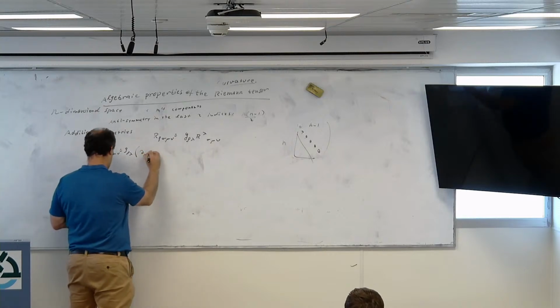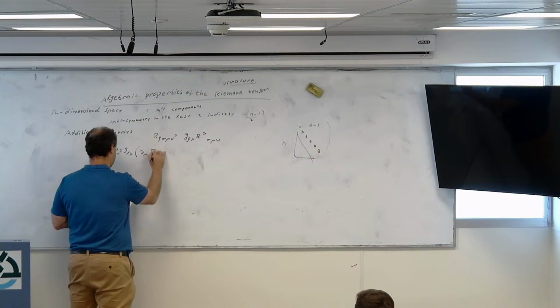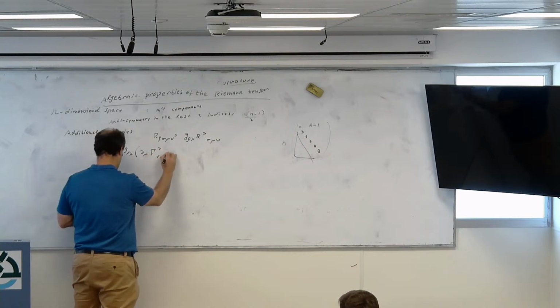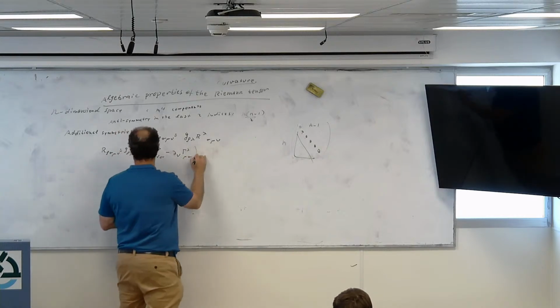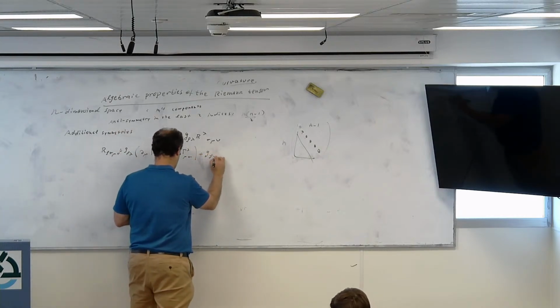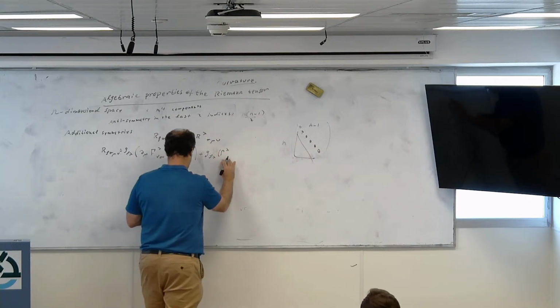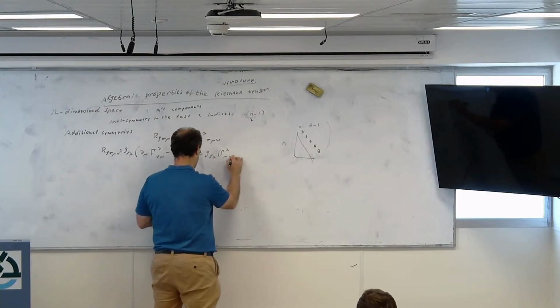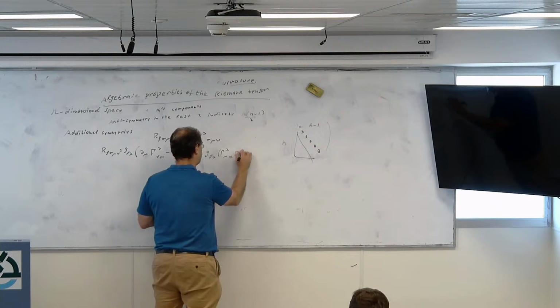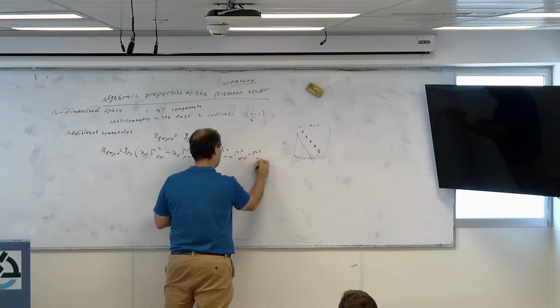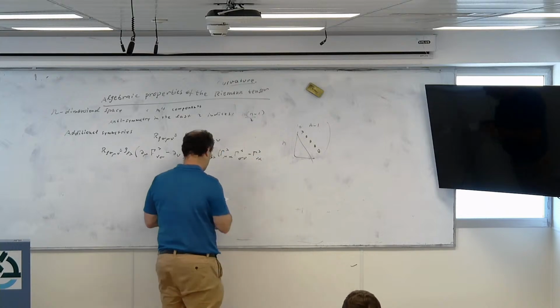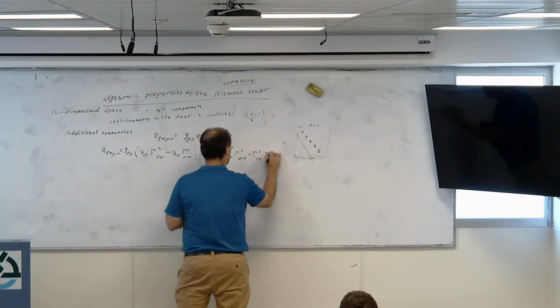So, d mu gamma lambda nu sigma minus d nu gamma lambda mu sigma, plus G rho lambda times gamma lambda mu alpha gamma alpha sigma nu minus gamma lambda nu alpha gamma alpha sigma mu.